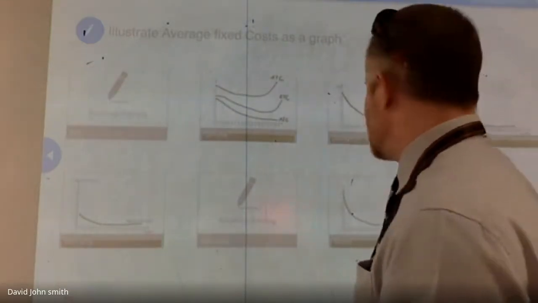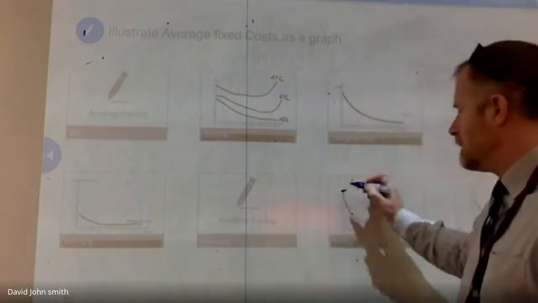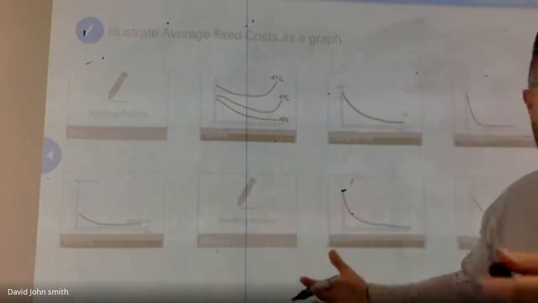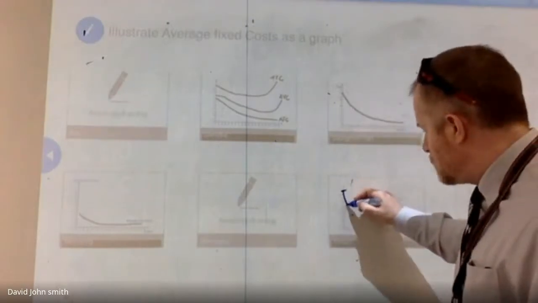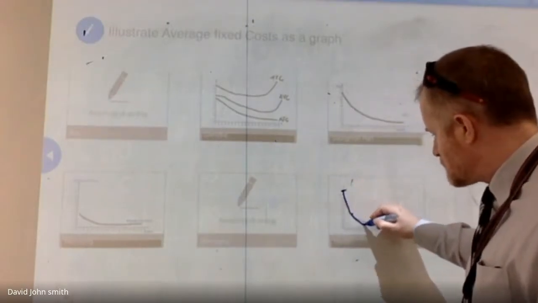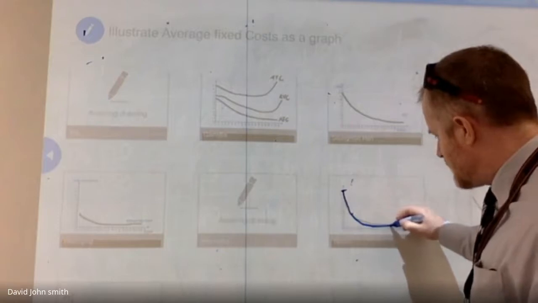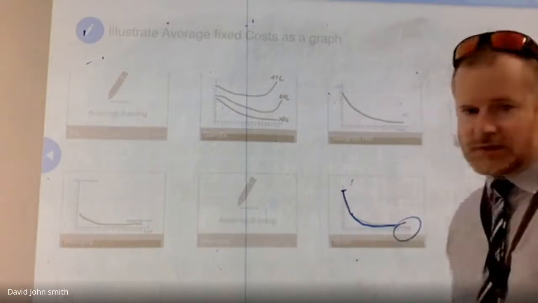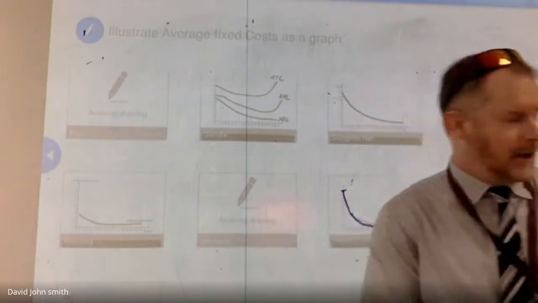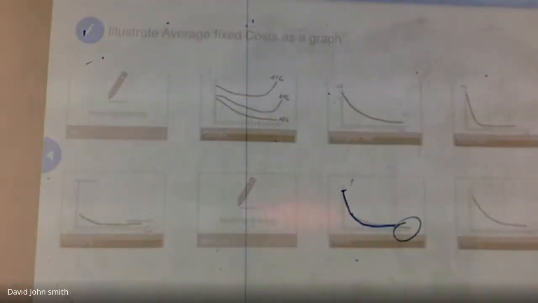You would be starting relatively high, dependent on where the average fixed costs start, and then it will decrease and decrease and get smaller and smaller, just like Yasin has done, and get closer and closer to the quantity axis. That's what the average fixed cost curve will look like.